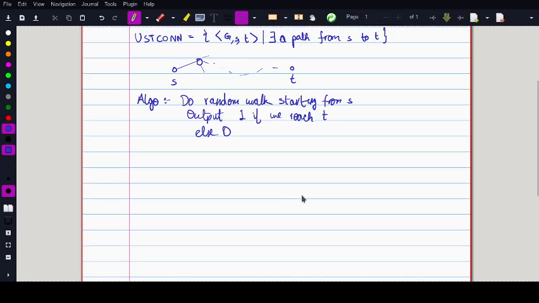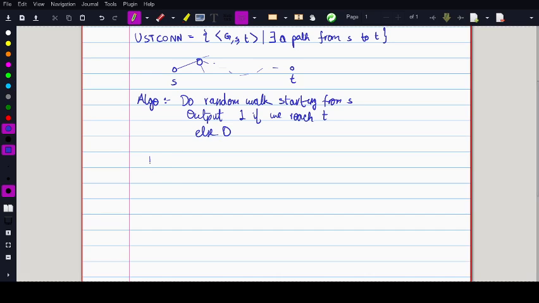Now we need to see how long our random walk should be, so that with high probability we are able to detect it.